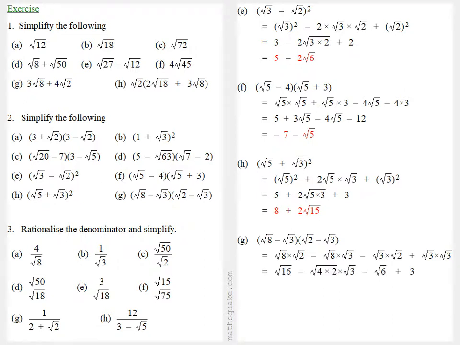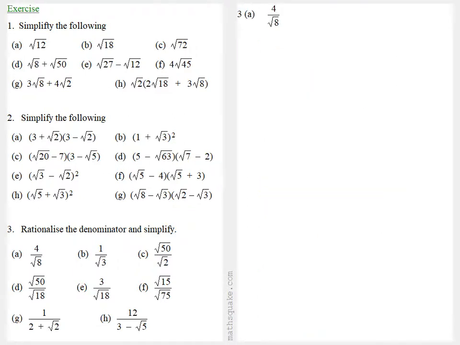Now this gives us root 16 minus root 4 times 2 times root 3 minus root 6 plus 3, which is 4 minus root 4 times root 2 times root 3 minus root 6 plus 3. Now the 4 and 3 add to make 7, so we have 7 minus 2 root 6 minus root 6. And so that's 7 minus 3 root 6.